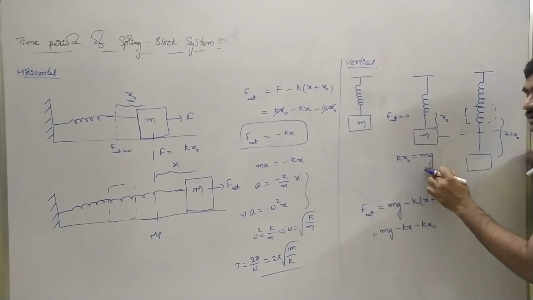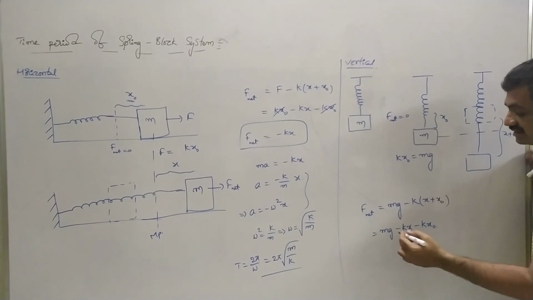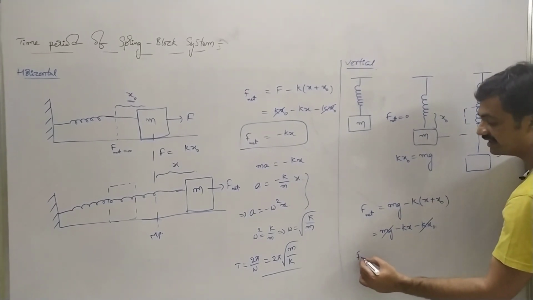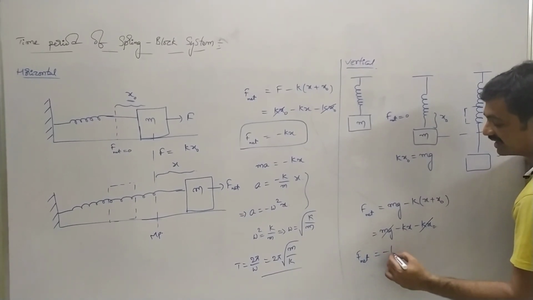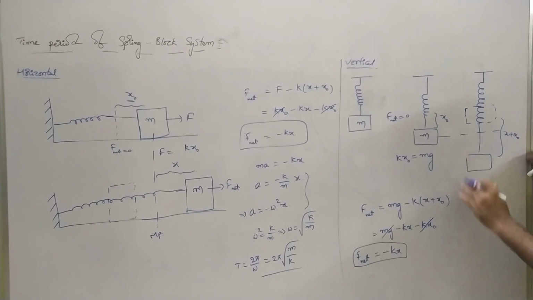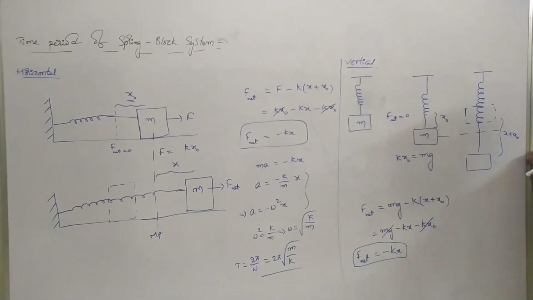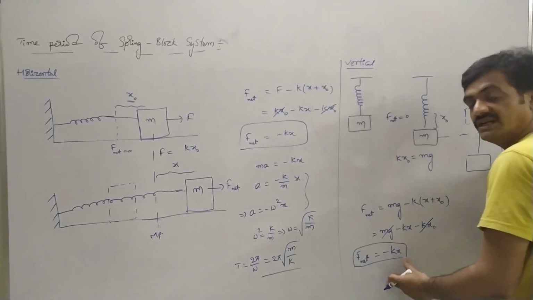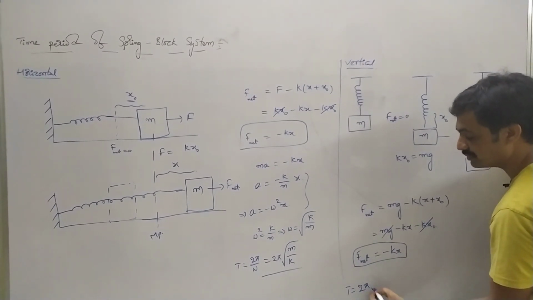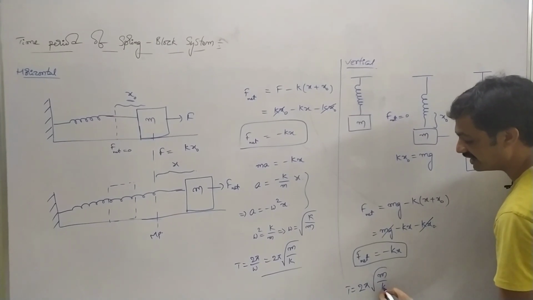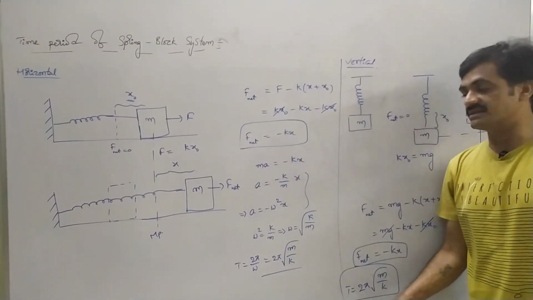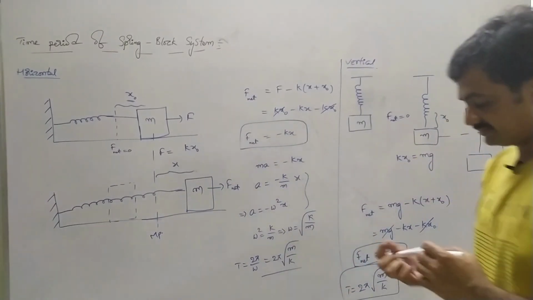Observe that mg is equals to kx naught. As we substitute this value, kx naught and mg get cancelled. So we get F net is equals to minus kx. So the resultant force acting in the case of vertical oscillation is directly proportional to displacement in the opposite direction. So the time period can be represented as T is equals to 2 pi into under root of m by k for the spring block system.